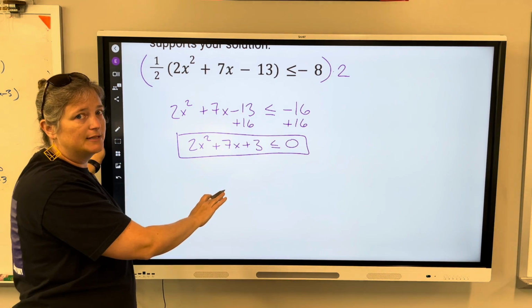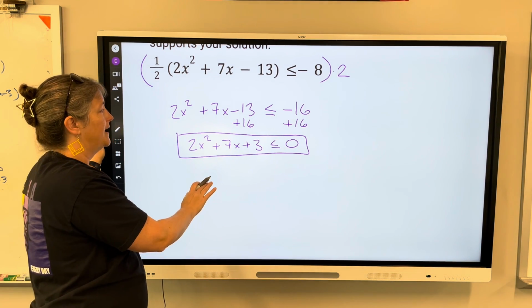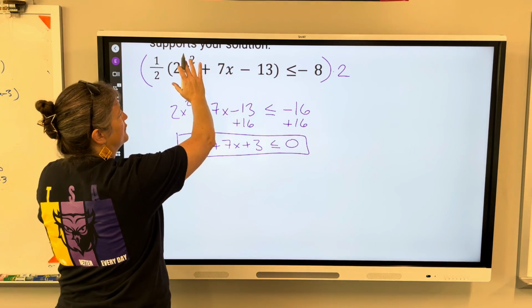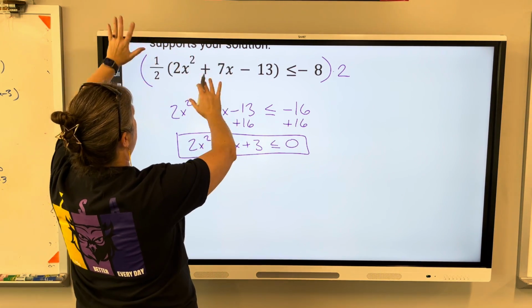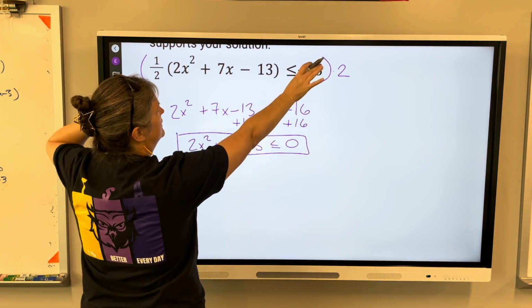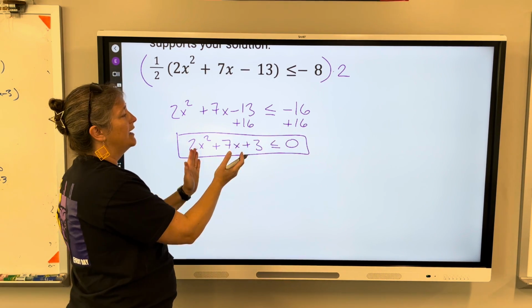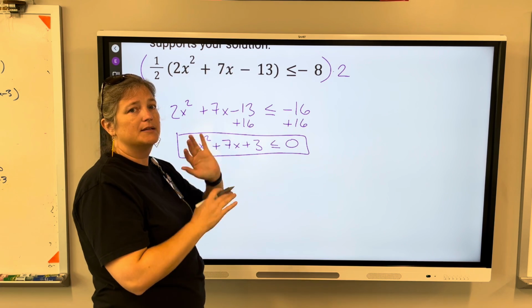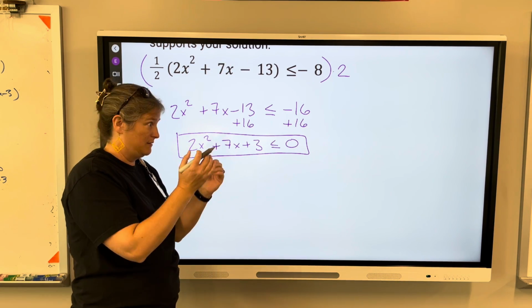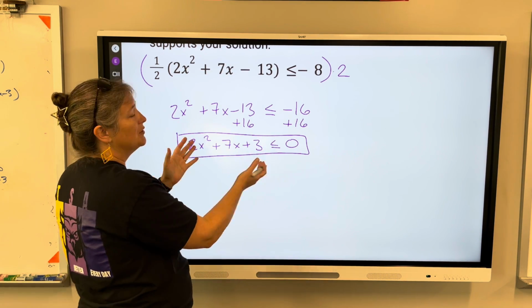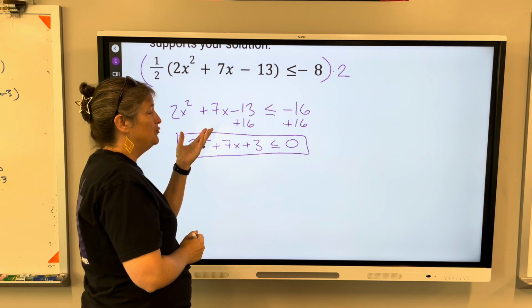I'm not done, that's not the solution. I'm just highlighting the fact that I have changed it from this parabola with an a value of 1 and the -8 I'm comparing to this. This is going to have the same solutions as that because I've done valid math to it. So it preserves the solution intervals.